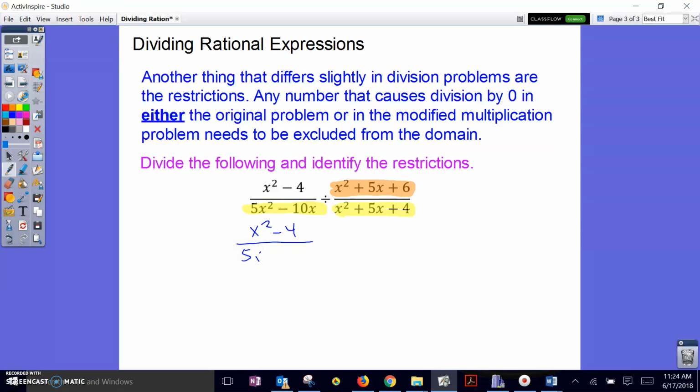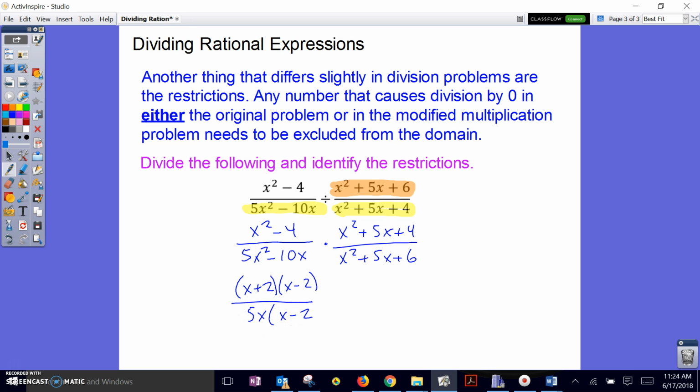And so I change this over into my multiplication problem. And then I factor everything up. X plus 2 times x minus 2. 5x times x minus 2. X plus 4 times x plus 1. And x plus 2 times x plus 3.